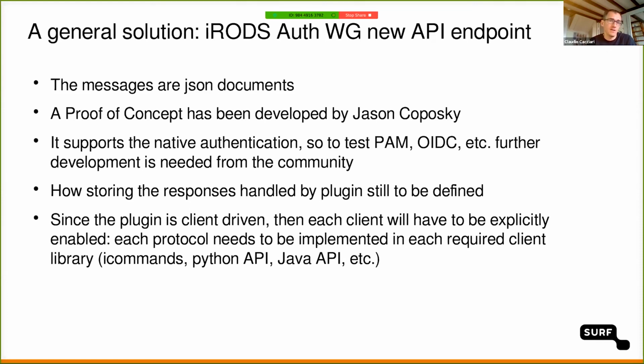It supports the native authentication of iRODS, so additional authentication protocols based on PAM or OIDC need to be developed, and some effort is needed from the community. Also, we need to decide yet how to store the responses on the client side. And moreover, this approach is client-driven, so each client will have to explicitly support and implement this change.